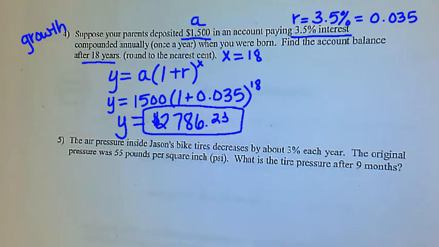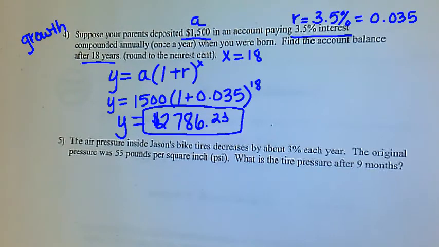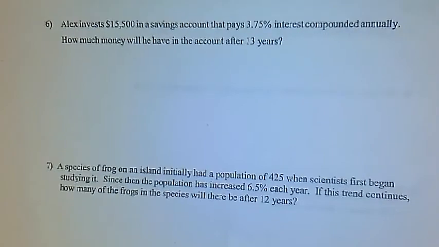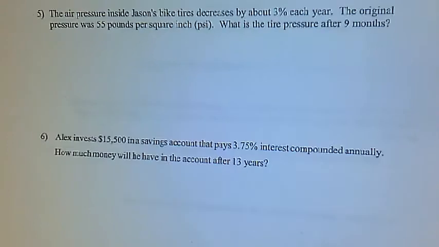Okay, I'm going to do number 5 with you, and then I'm going to let you do 6 and 7 by yourselves. Okay, the air pressure inside Jason's bike tires decreases by about 3% each year.